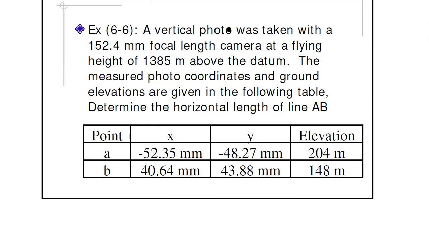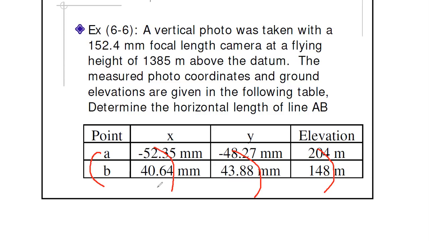Here, the trick is this. Let me try and draw. You should know that this and that are on the same line. These values relate to point A. Are you okay?